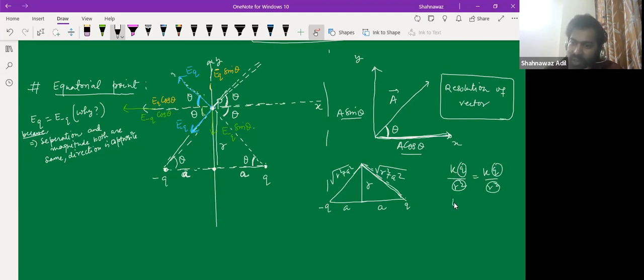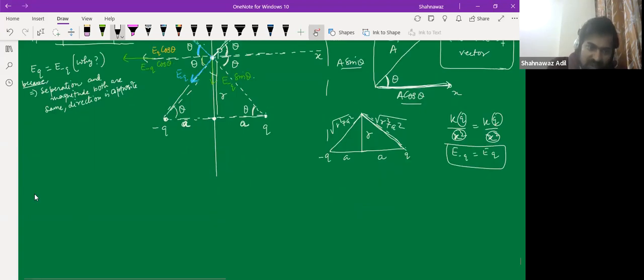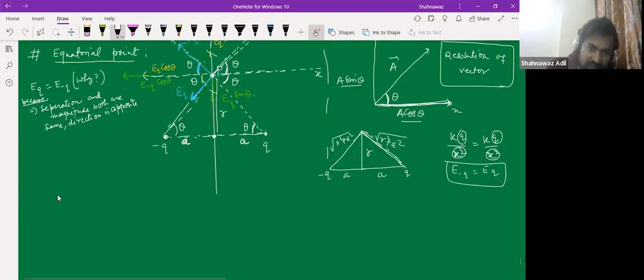So electric field of minus q is equal to plus. The horizontal part will cancel out. Only thing that is remaining is what? So then the surviving electric field, or uncancelled electric field.